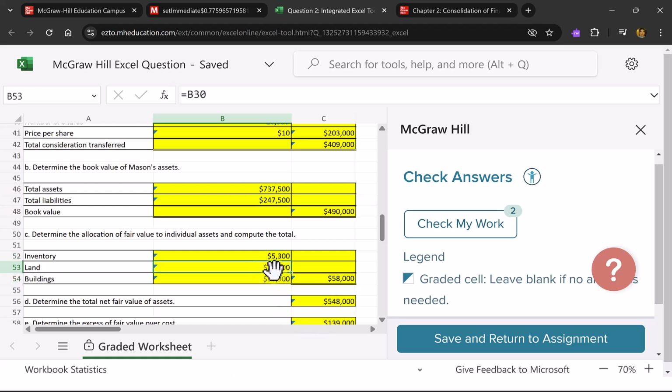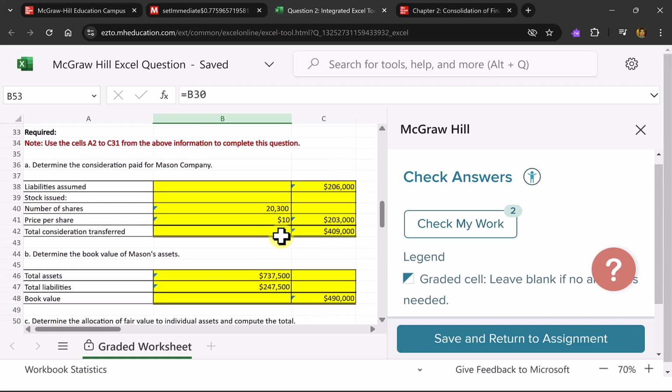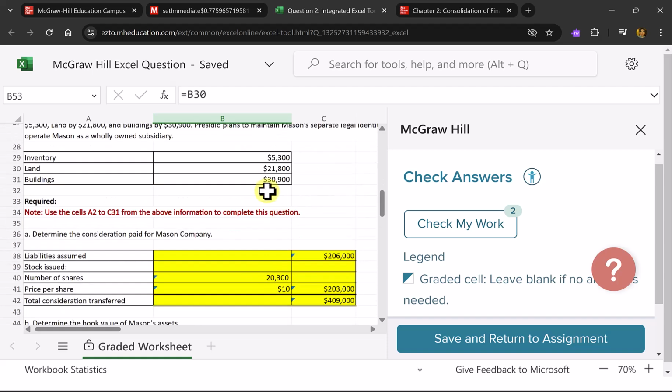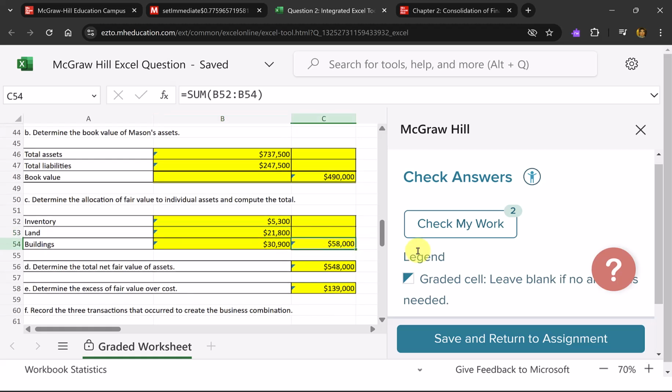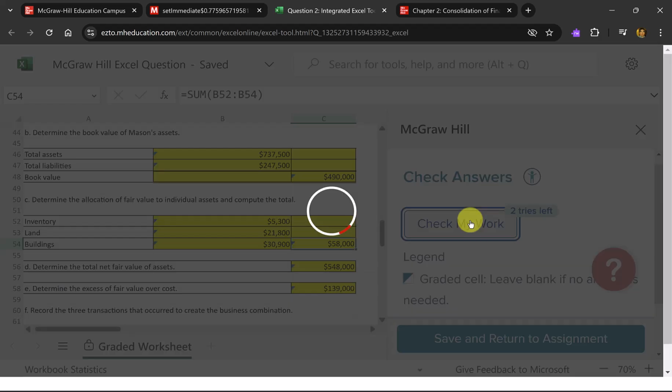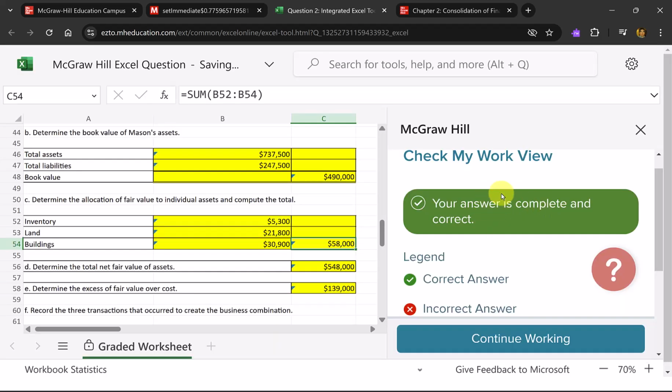Did it do it? 21,800, 30,900. And my total should have changed automatically. Let's check my work again. I have only 2 more attempts. Oh, it looks good.